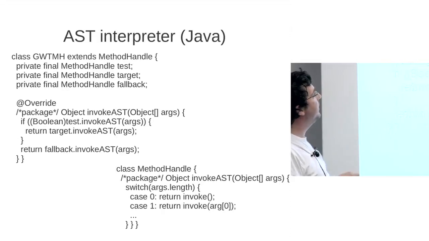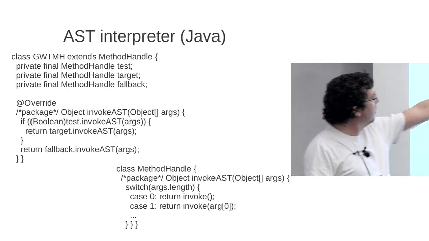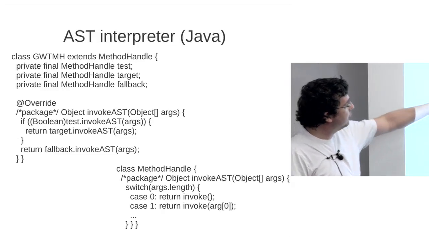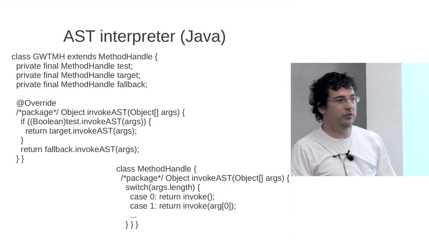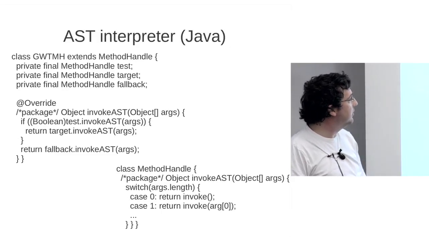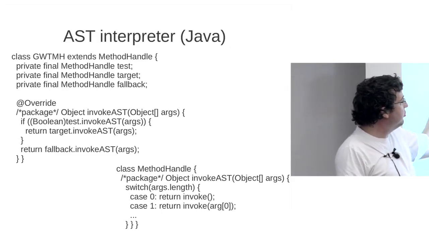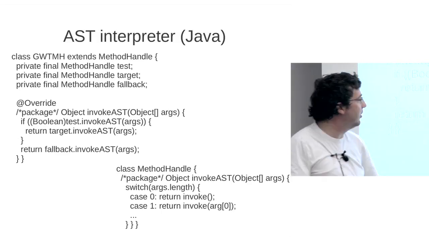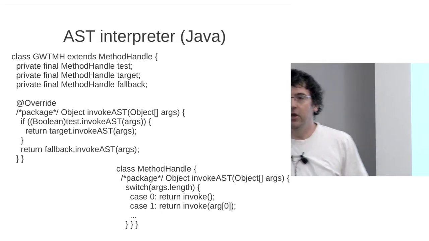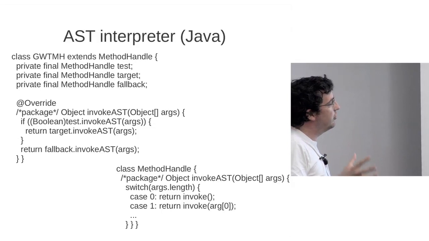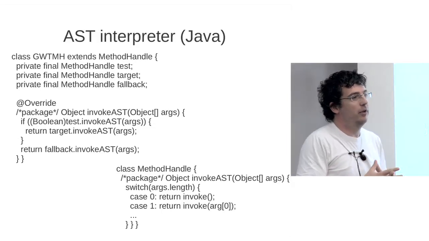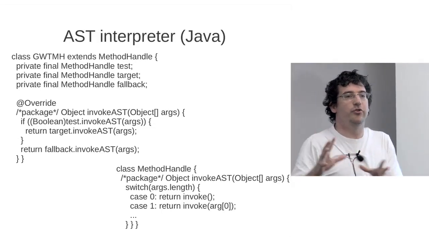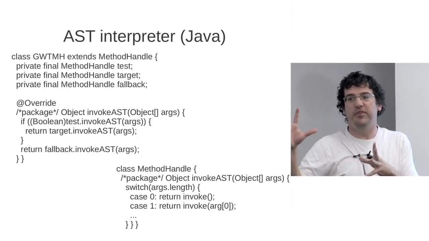We have the 3 MethodHandles, and invokeEST is just calling the test method. We know that it's a boolean. If it's true, it calls the target method, otherwise the fallback method. So the idea is not to be efficient, but just to have something that works.